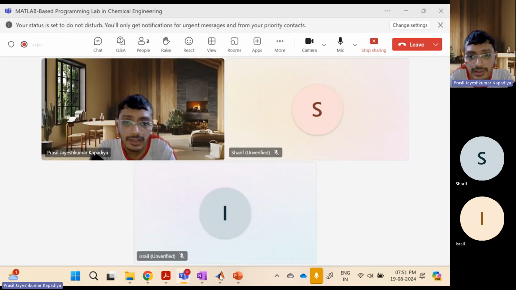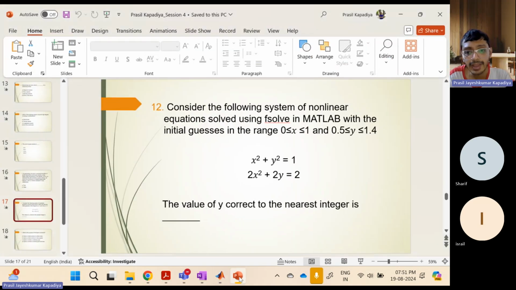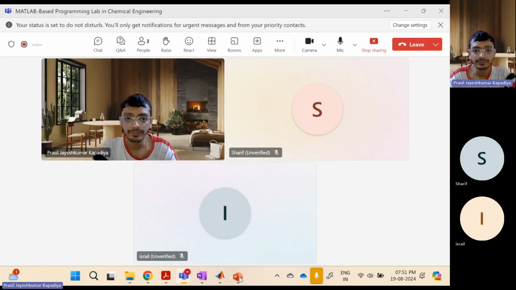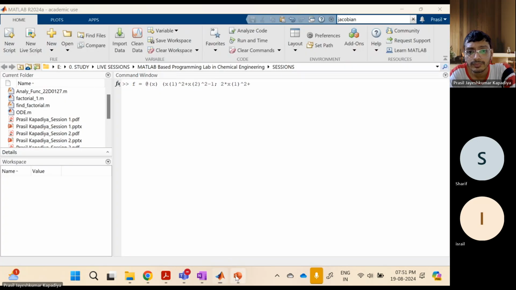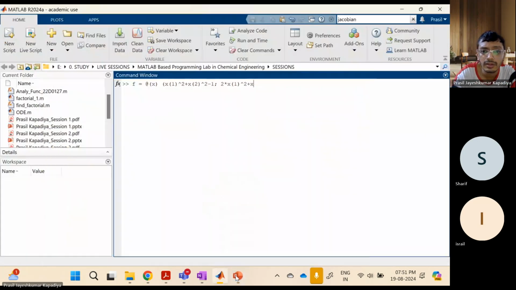My second equation is 2 x(1) square minus 2.